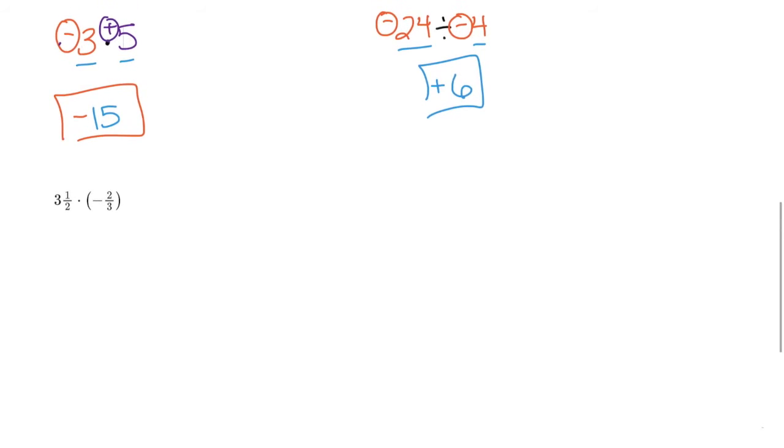For this next one, the first thing I want to do is rewrite this 3 and 1/2 as an improper fraction. I'm going to do 2 times 3, which is 6, and then add 1 to it, so it'd be 7, and the denominator stays the same. And that's getting multiplied by -2/3. The first thing I'm going to do is my multiplication through, so I'm not going to worry about the signs at all.